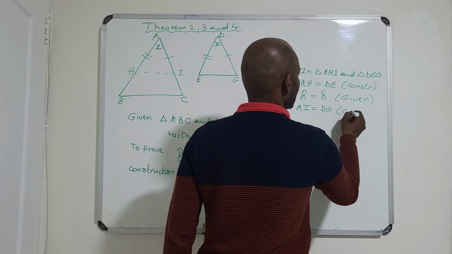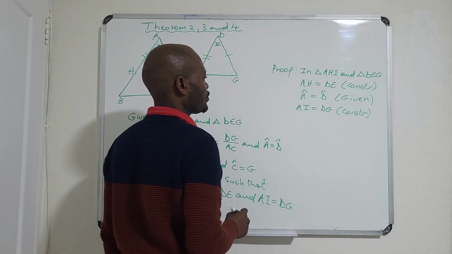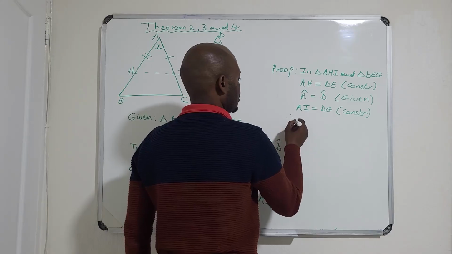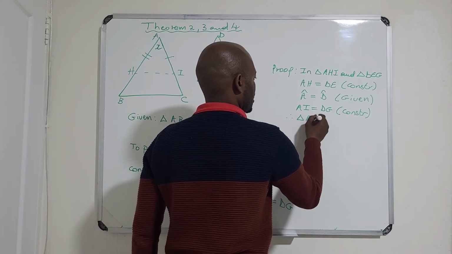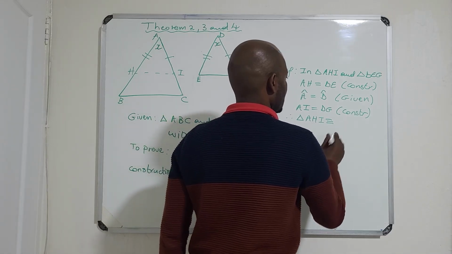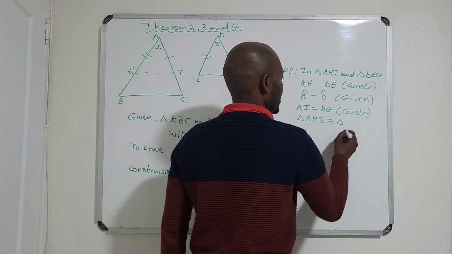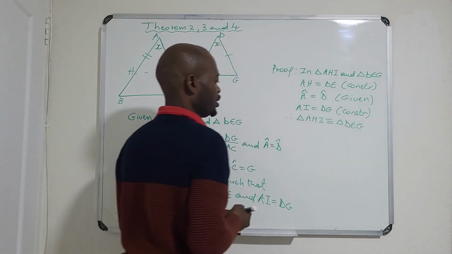Also, reason: construction. Therefore, triangle AHI is congruent to triangle DEG.